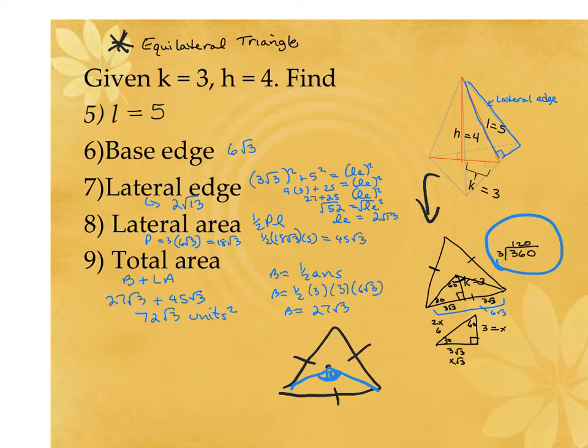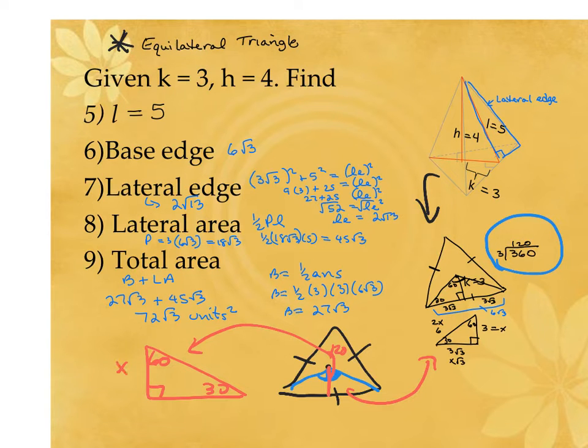From there, once I draw in my apothem, which was my K, then I can make a special right triangle. I'll just redraw it over here. The central angle of 120 is now bisected and it's now 60.